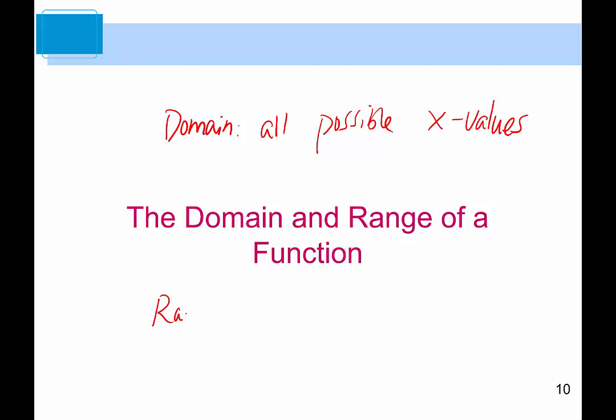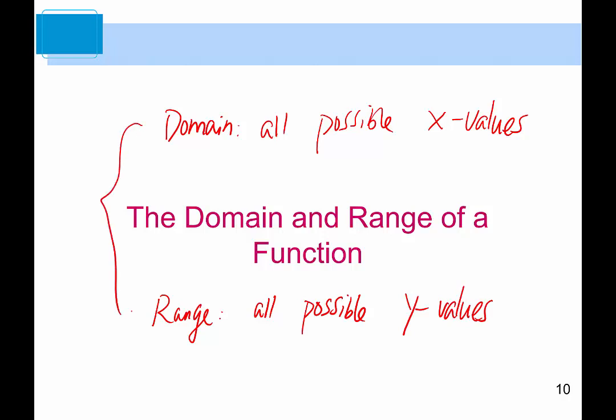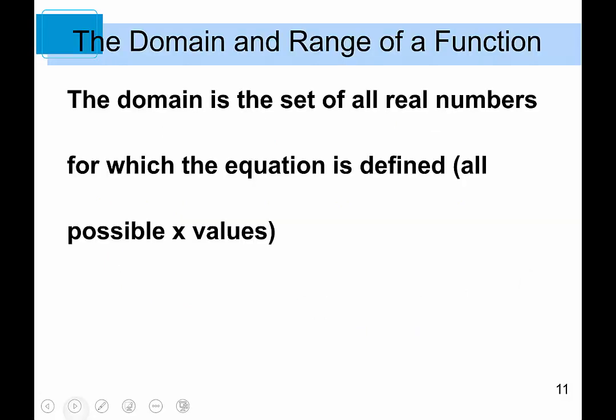The range is all possible y values. So that's basically the essence of domain and range. The domain is the set of all real numbers for which the equation is defined, meaning all possible x values.